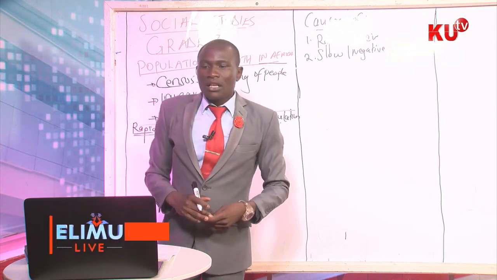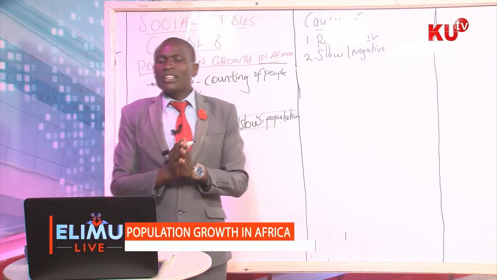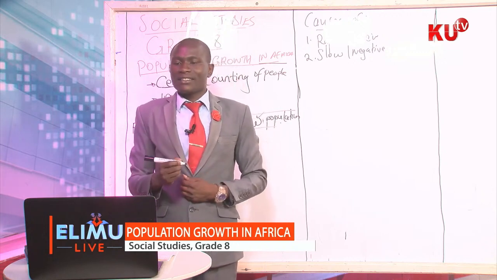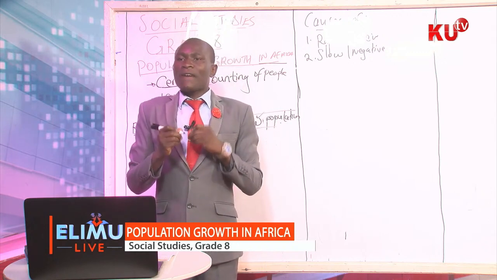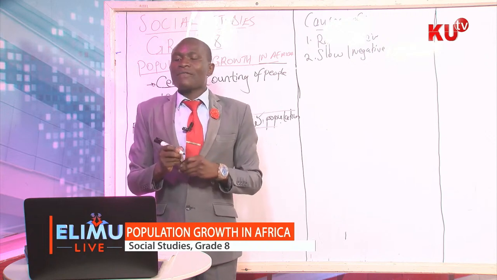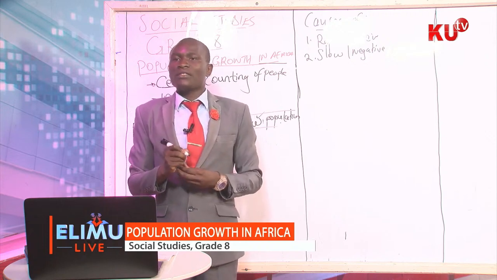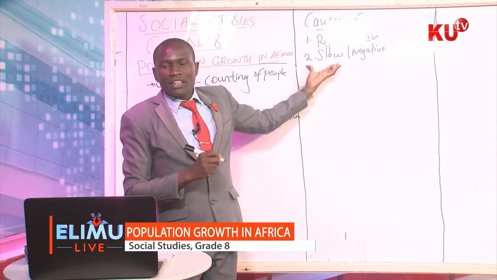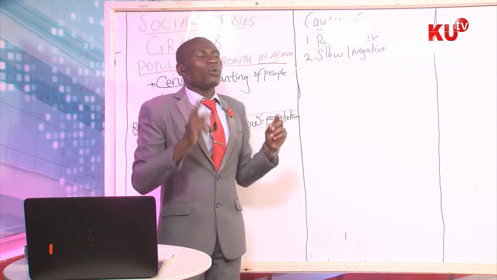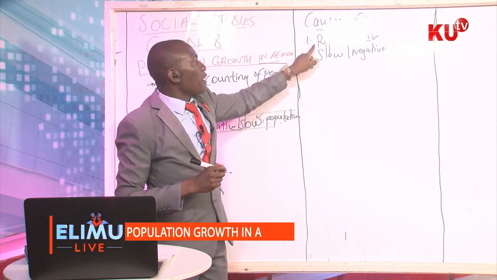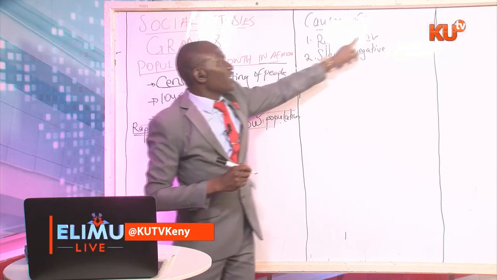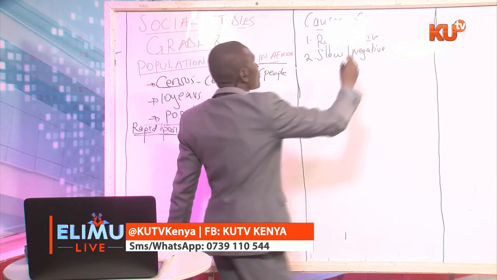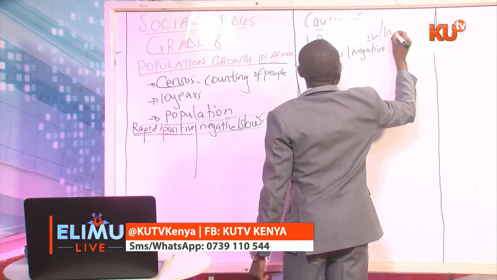population growth. Now, population growth in Africa is influenced by several factors, and these factors affect both positive and negative population growth. There are factors that will make the population of a place increase or decrease. And also, let me just add something here.